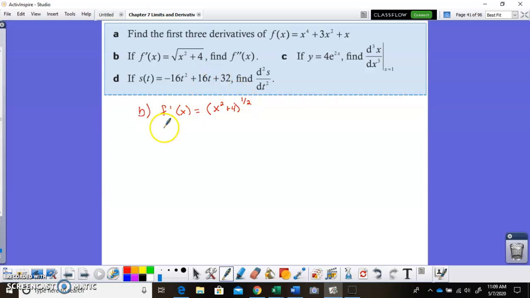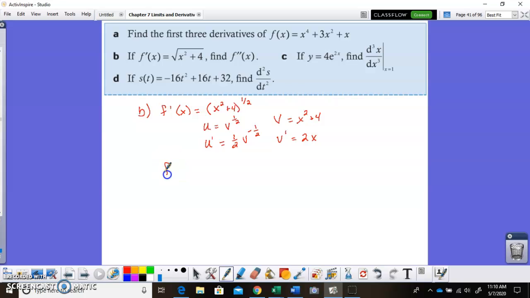Okay, and we're trying to find the second derivative, then I'm going to apply the chain rule here. So u is equal to v to the 1/2, which tells me the derivative of u is equal to 1/2 v to the negative 1/2, and that's if v is equal to x squared plus 4, and the derivative of v is equal to 2x.